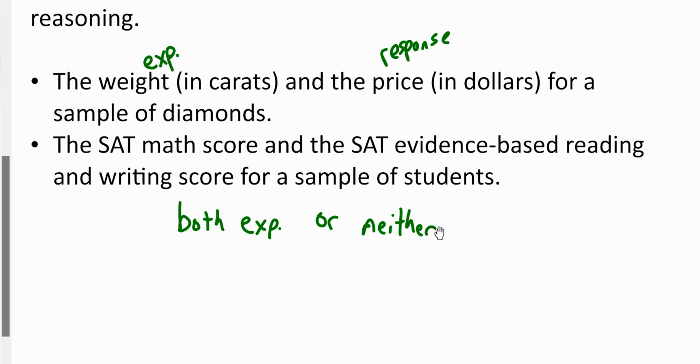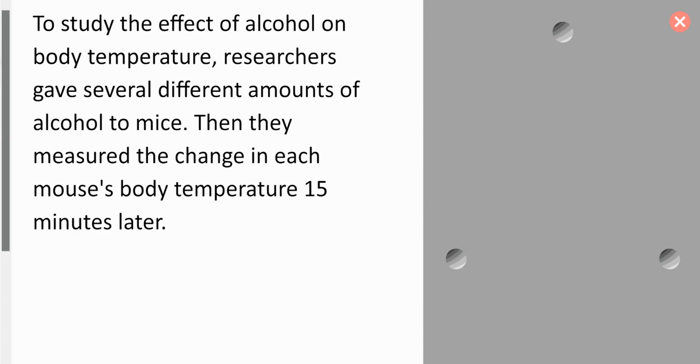One more. Here's an example. The study of the effect of alcohol on body temperature. To study the effect of alcohol on body temperature, researchers gave several different amounts of alcohol to mice. Sounds terrible, I know. Then they measured the change in each mouse's body temperature 15 minutes later. So, explanatory versus response.